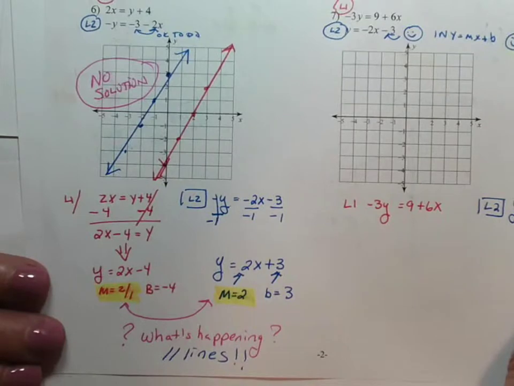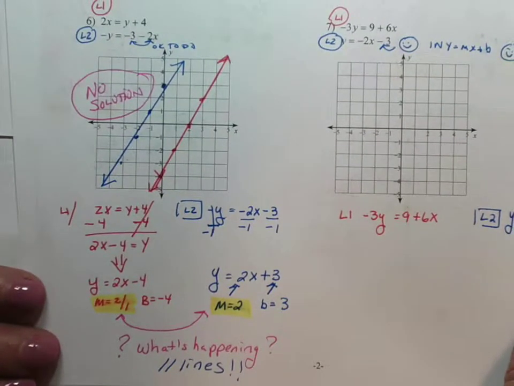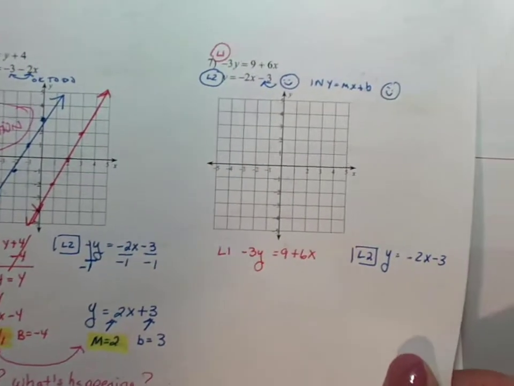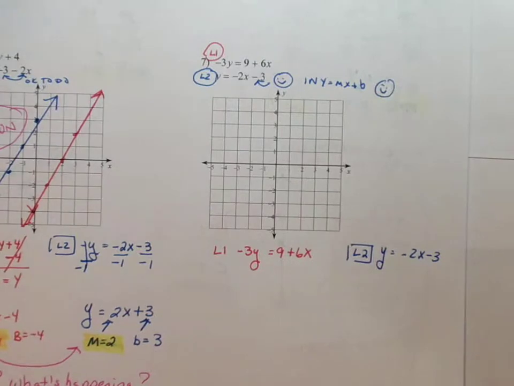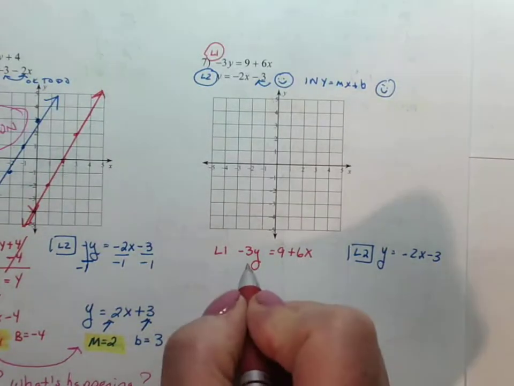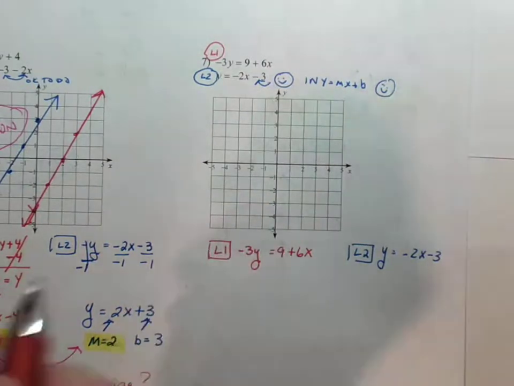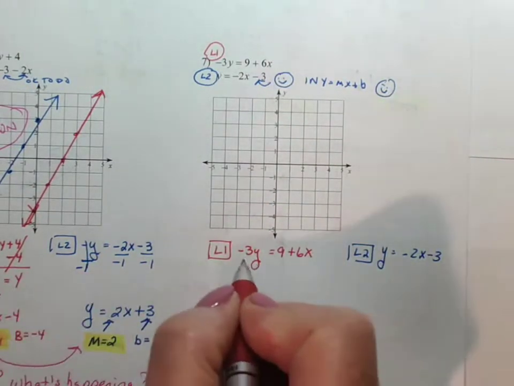So there is number 6. Off to number 7. I'm going to put both equations into slope-intercept.